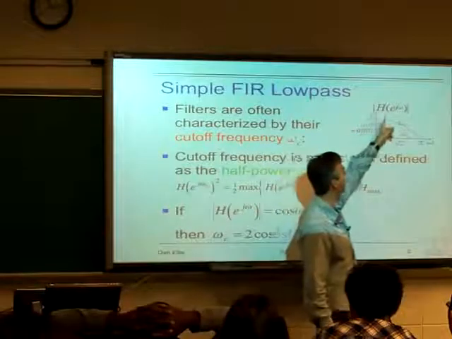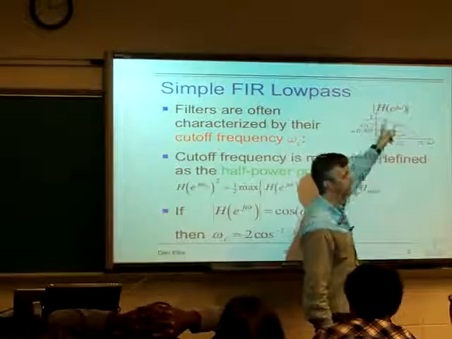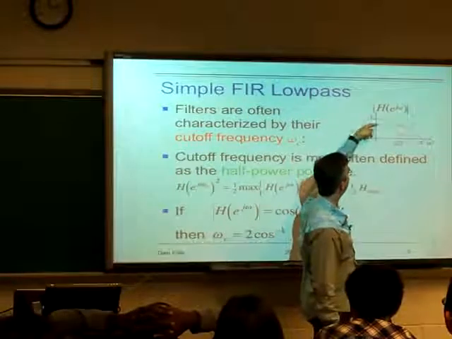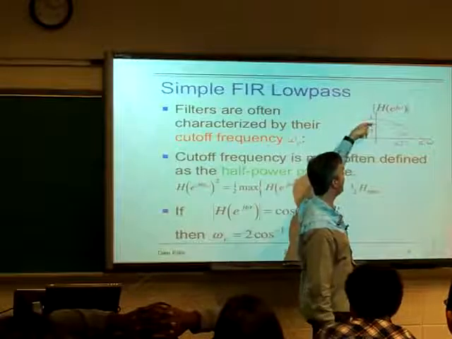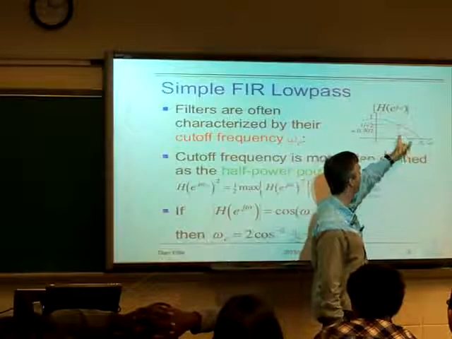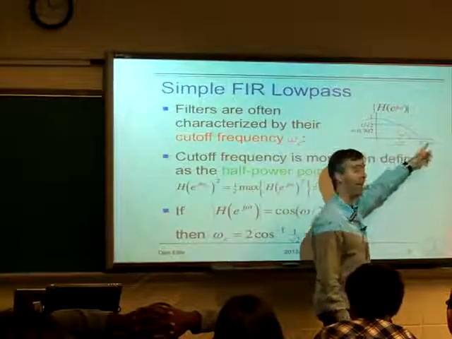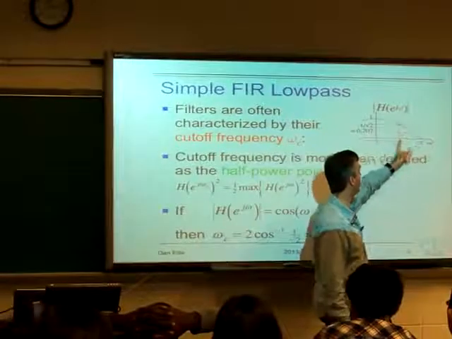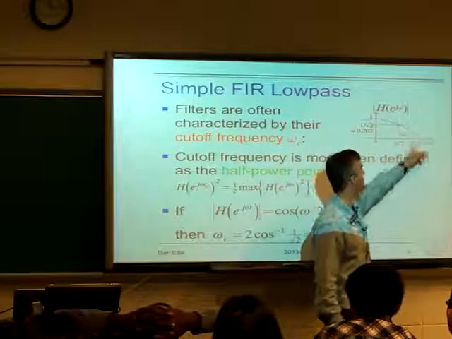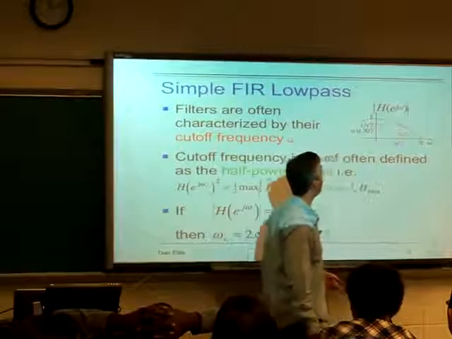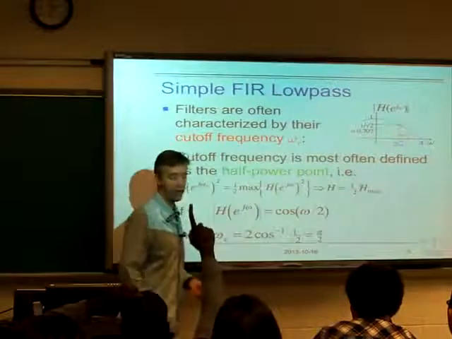So here's the plot, here's our magnitude response. Here's our value, 1 over root 2, the half power point. And it turns out that's also halfway to the highest frequency: pi on 2, where the highest frequency is pi. So that's the omega c for this filter.